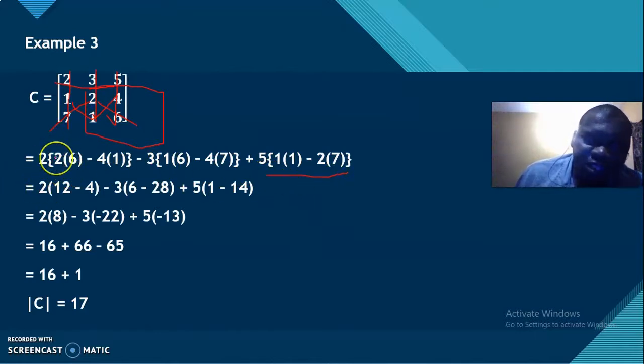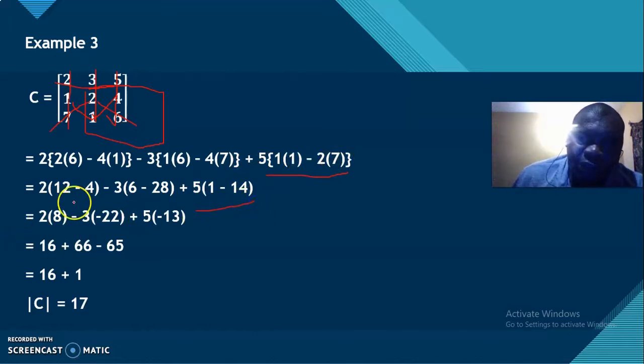So 2 times 6 is 12, minus 4 times 1 is 4, then minus 3 open bracket, 1 times 6 is 6, minus 4 times 7 is 28, plus 5, 1 times 1 is 1, minus 2 times 7 is minus 14.